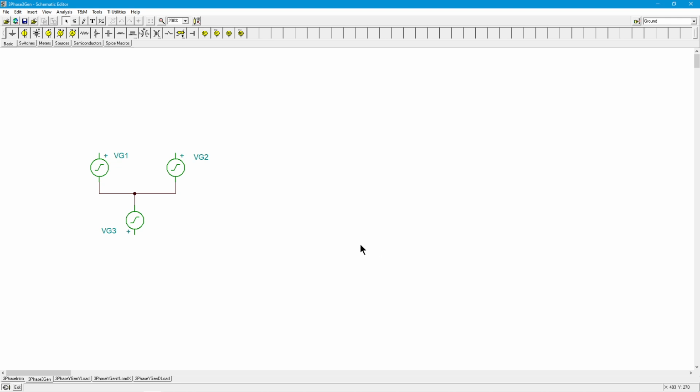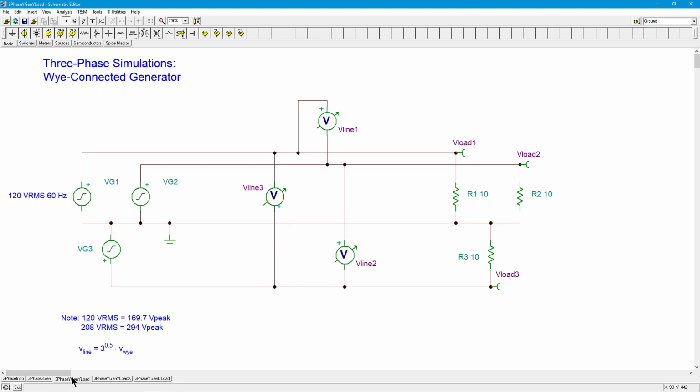So the first thing we're going to look at is a YY system. In other words, a Y-connected generator and a Y-connected load, all right? So here we go. So again, notice the pluses that we have, how this all goes around. Now, in this system, YY system, you can have a central ground, right? This is one of the other issues that we were talking about. Some simulators won't simulate unless you have a ground.